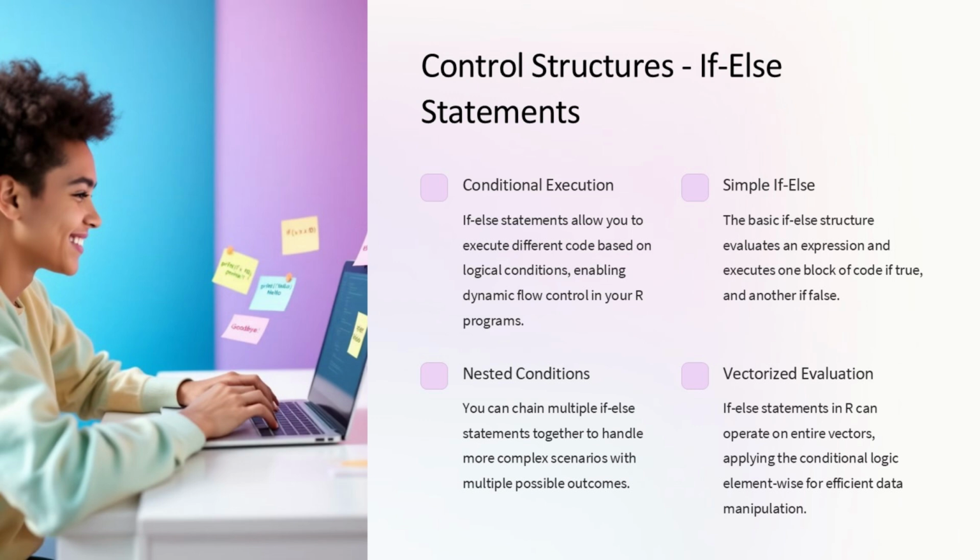One powerful aspect of if-else in R is that it can operate on entire vectors, applying the conditional logic element-wise. This makes it very efficient for data manipulation tasks. Understanding how to effectively use if-else statements is an important skill for any R programmer. They provide the flexibility to create dynamic, responsive programs that can adapt to different situations.